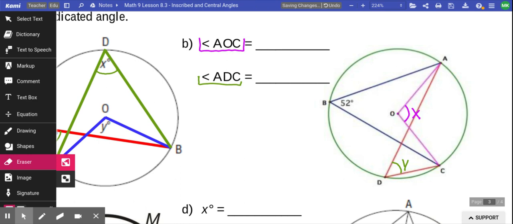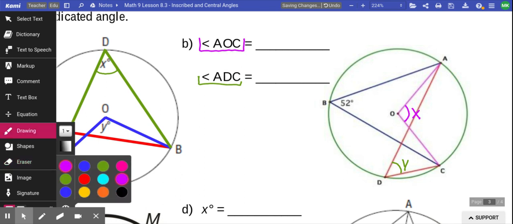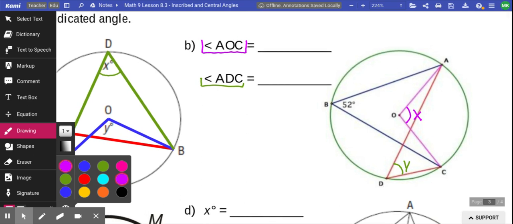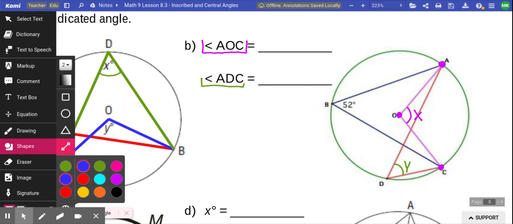So those are the two angles I'm looking for. Okay, finding those angles. Let's start with the purple one, the angle that I called X. If I'm looking at that, that is a central angle because I'm getting from point A to point C by going through the center of the circle. So what I want to do is find an inscribed angle that also gets me to C. If I look, they've actually given me one.